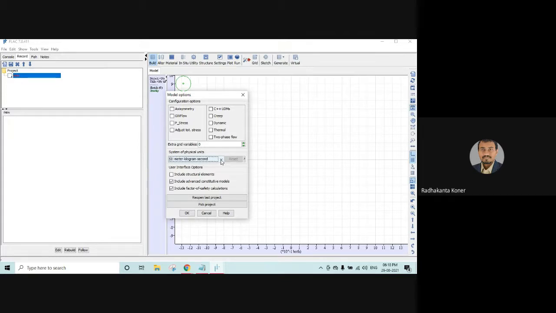Second is include advanced constitutive model. In the last class we tried to show you how many constitutive criteria are available for us, and depending upon the material you will handle at your site, we will choose the constitutive criteria. All software have limitations on these.